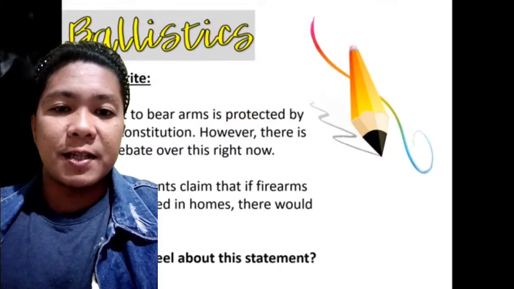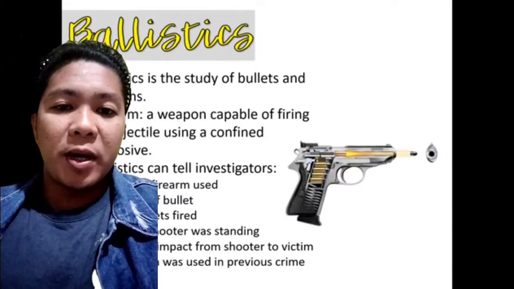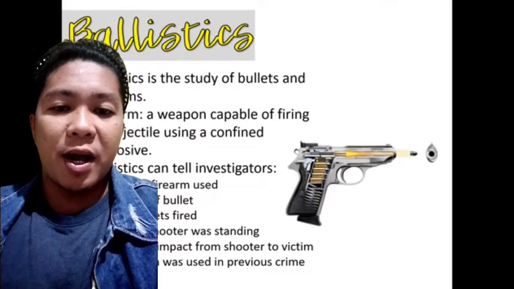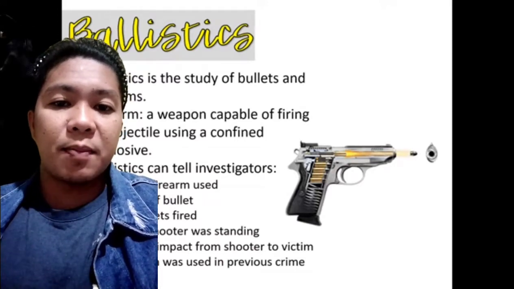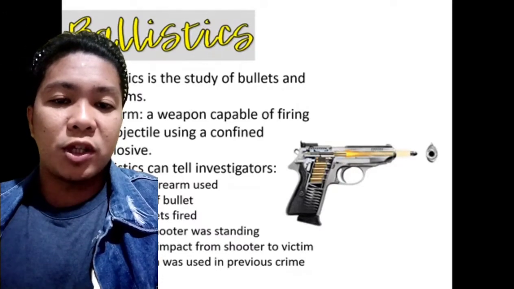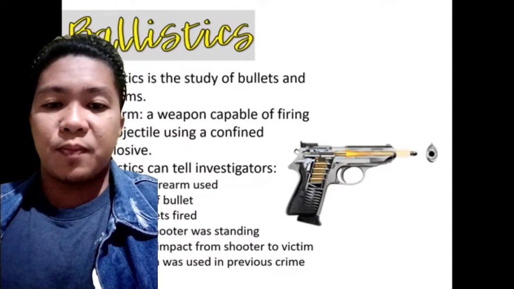Number 6 is a submitted firearm and 1 shell, to determine whether or not the shell was fired from the suspected firearm. The last is a submitted firearm only, to determine the serviceability of the suspected firearm.